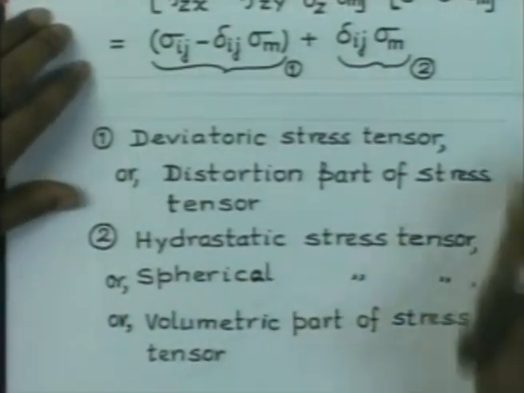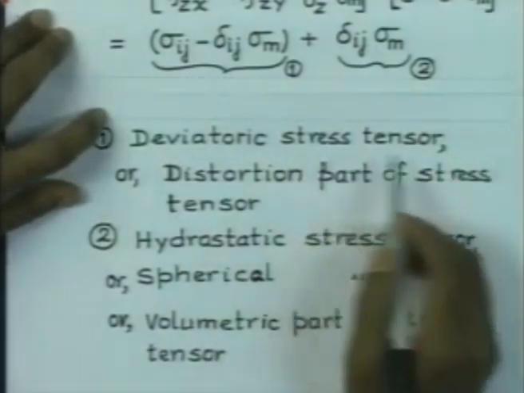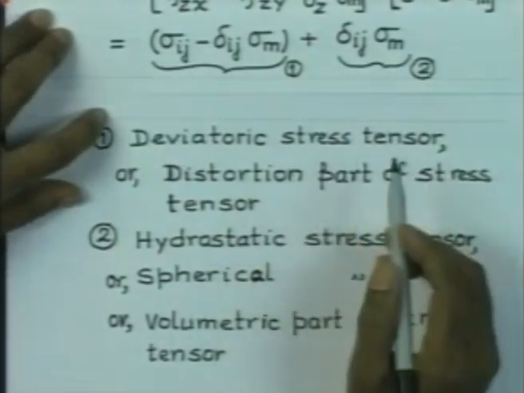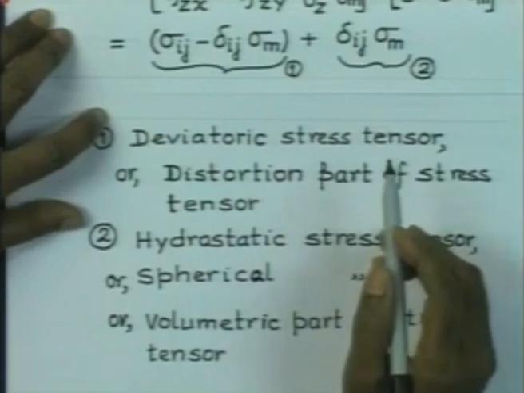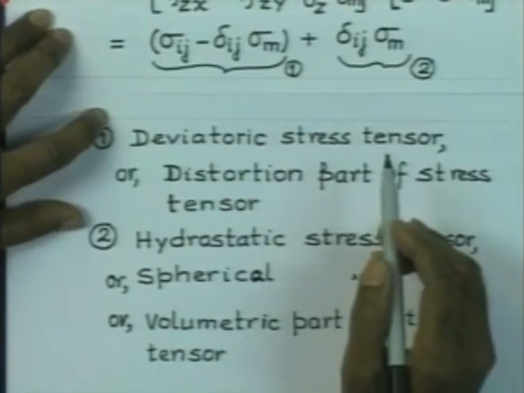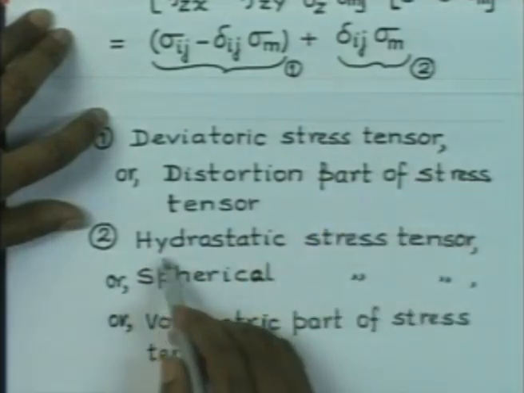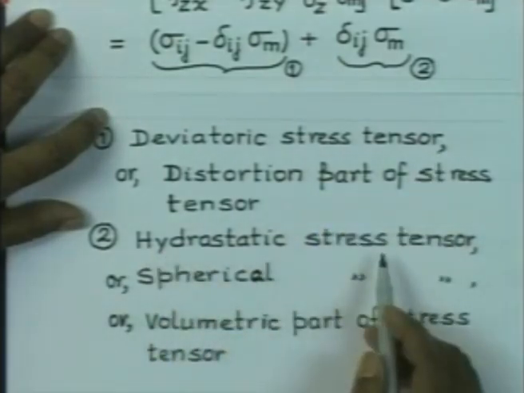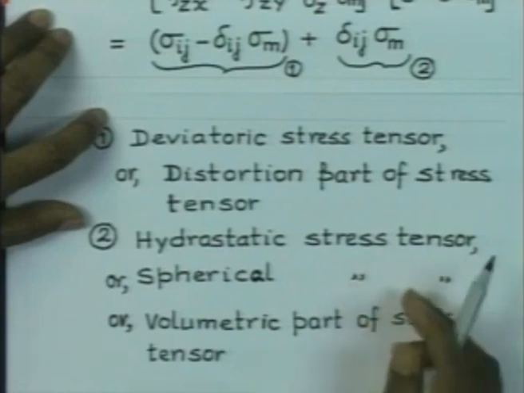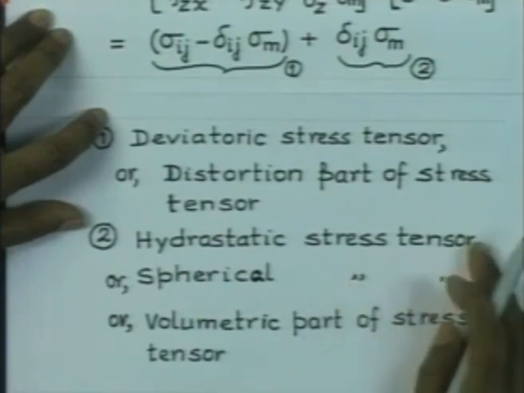The deviatoric part is responsible for the deformation of the element, and the hydrostatic part is responsible for the change of volume of the element. This hydrostatic part does not give rise to any distortion of the element. Similarly, this deviatoric part is responsible only for the deformation, but it does not give rise to any change in volume.